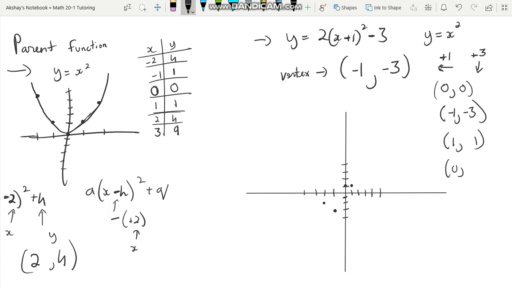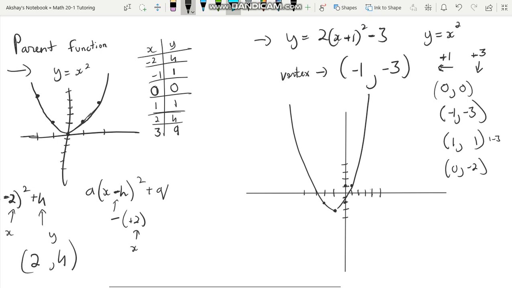So the y coordinate goes 3 down, so 1 minus 3 gives me -2. I can put it here, 1, 2, 3, so that's a -2 as well. Now we have 3 points, so we can gladly graph it.